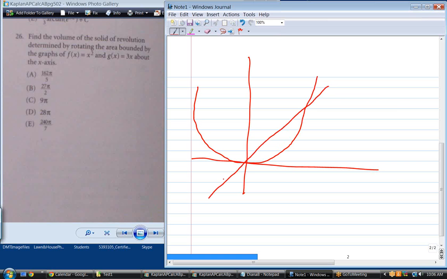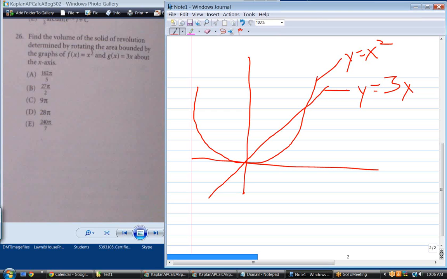Okay, there's our two graphs. There's y equals x squared, and here's y equals 3x. I haven't drawn it quite properly. I didn't put the proper slope on the y equals 3x, but close enough.